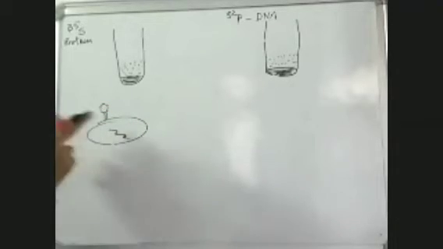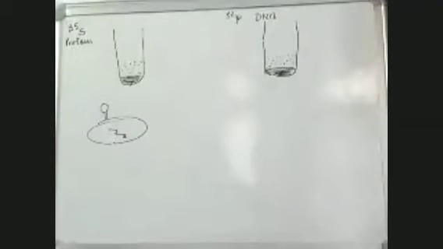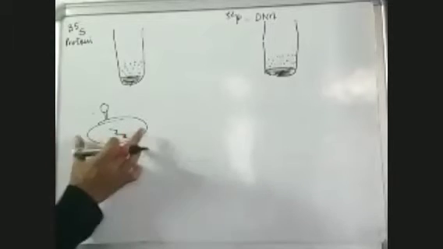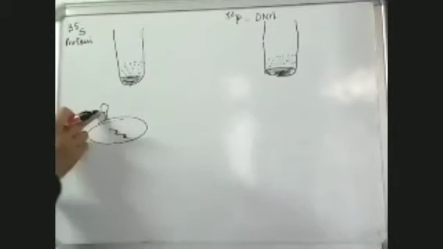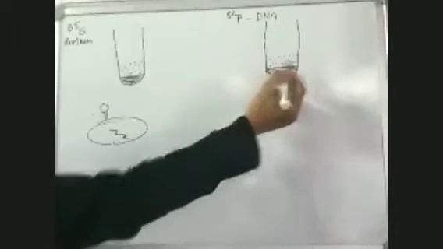That means now this DNA is not a part of the bacteriophage. DNA becomes a part of the bacteria. So this bacteria is in the sediment part because the bacteriophage has injected the DNA in the bacteria, and this bacteria along with the DNA of the bacteriophage forms the sediment part.